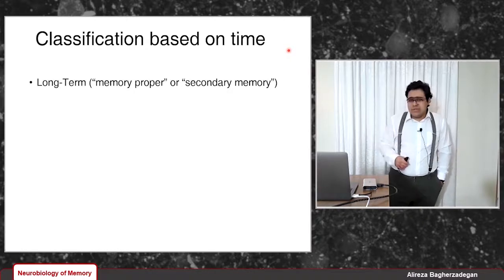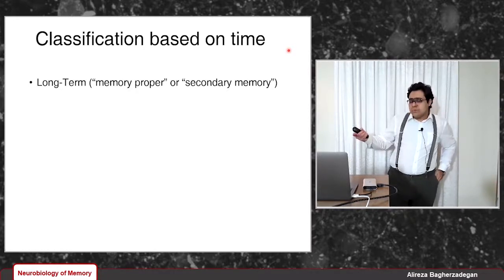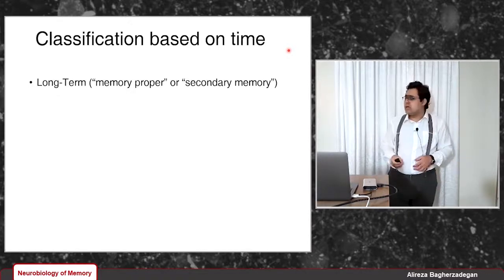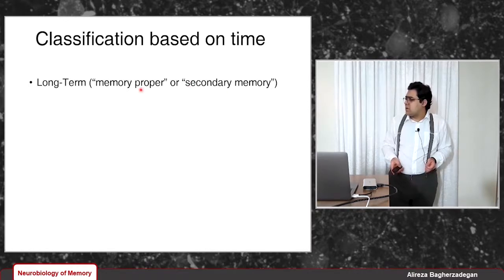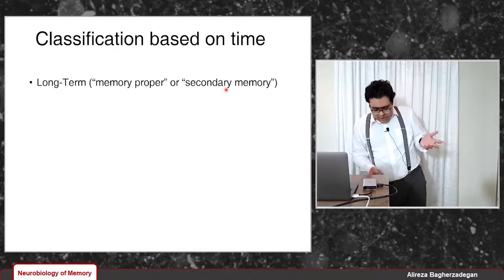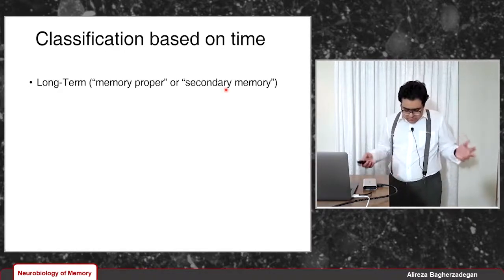I think the reason it is called secondary memory is that William James knew that first we have short-term memory, and then the information stored in short-term memory is transferred to long-term memory. Maybe that's why he called long-term memory secondary memory.